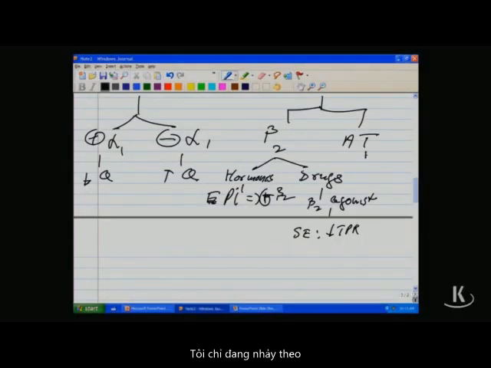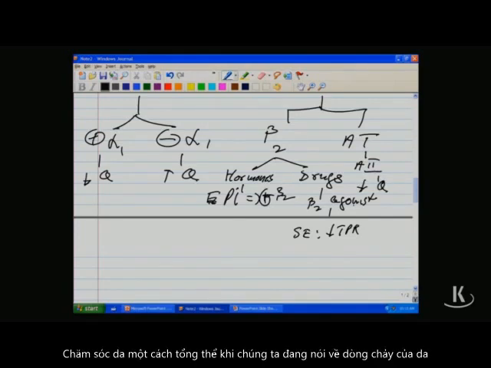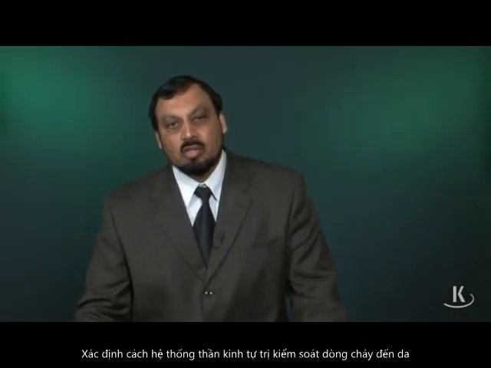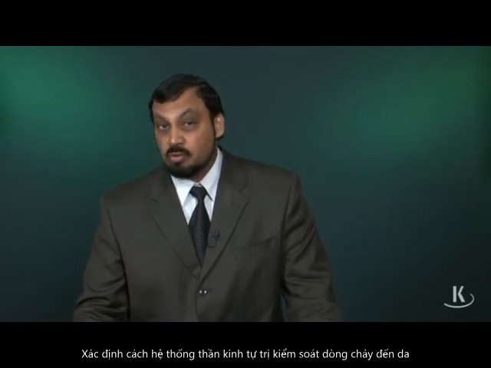Angiotensin II, you recall from your pharmacology, angiotensin II, this will constrict and therefore this will decrease flow to the skin. So overall, when we are talking of cutaneous flow, in the exam, what should I ask and what should I pay attention to? Are they specifying how does the autonomic nervous system control flow to the skin?